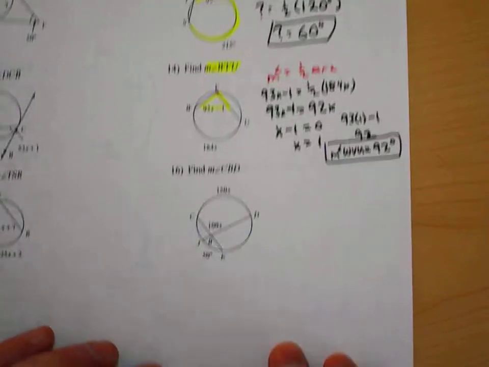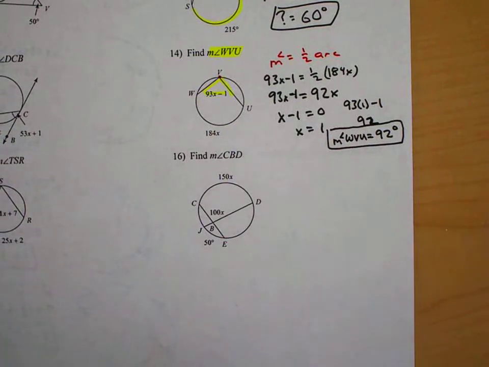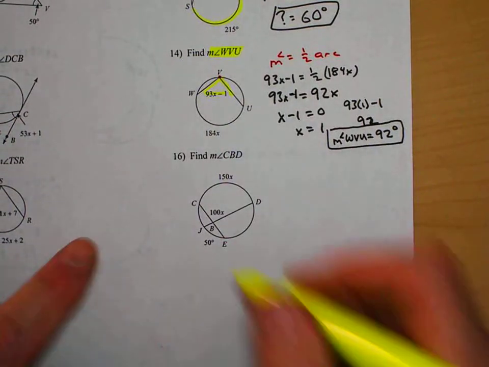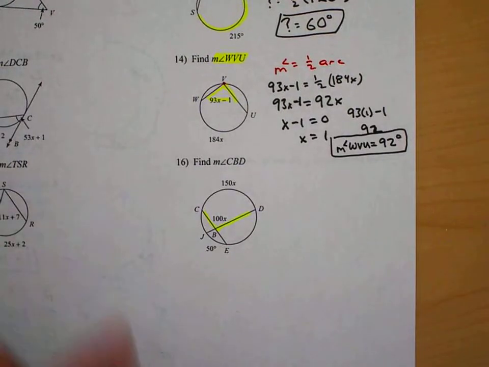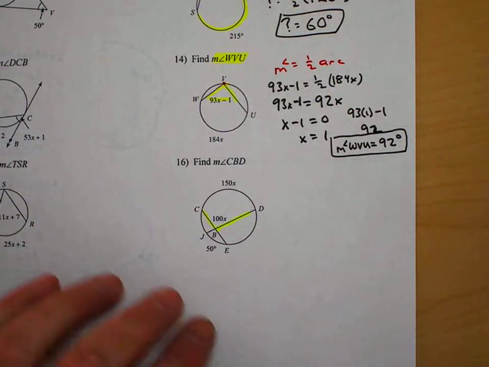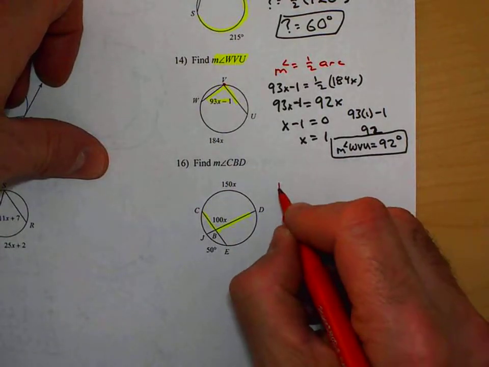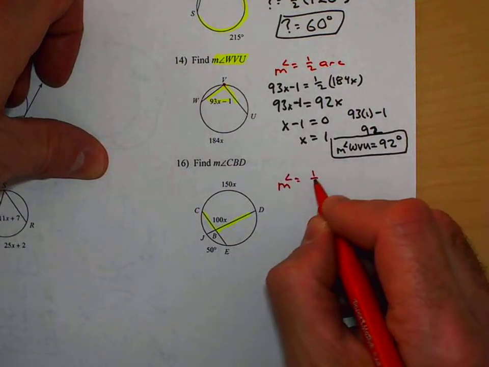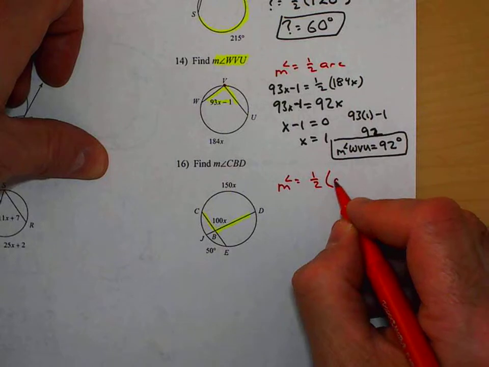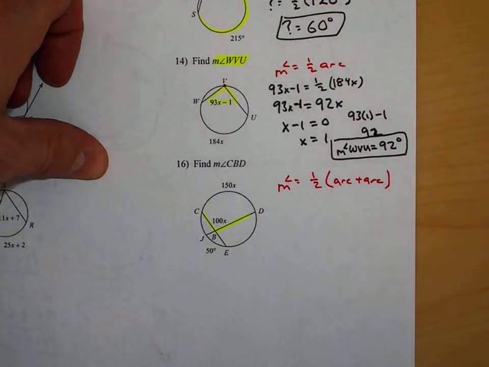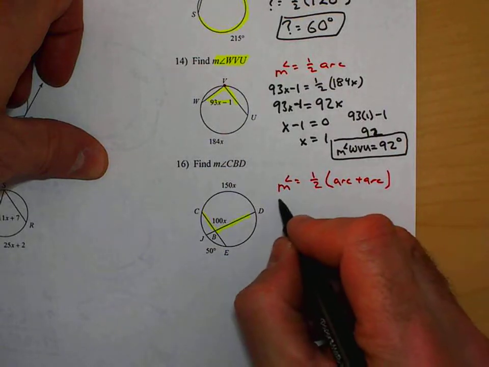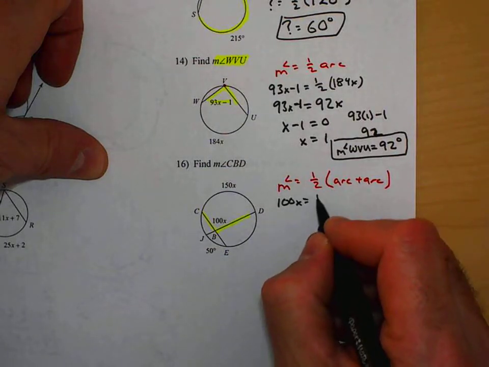And the last one. Now we're looking for CBD. That's expressed as 100x. And the vertex is inside, so the measure of the angle equals 1/2. Inside means we add, so we take arc plus arc. Go ahead and put in the numbers we know. 100x equals 1/2.